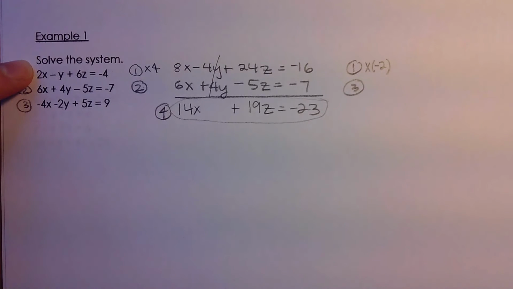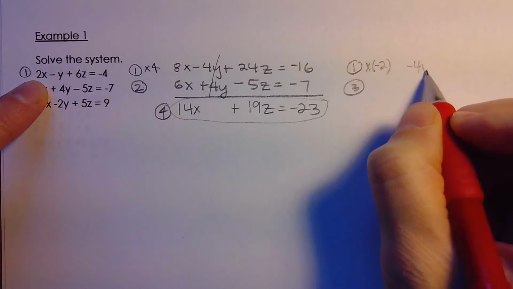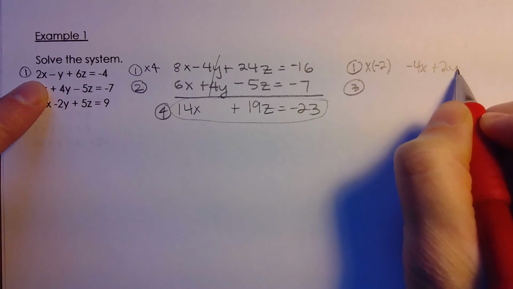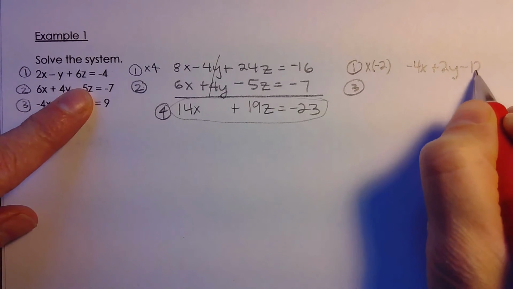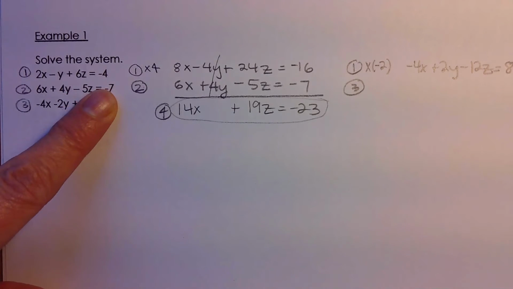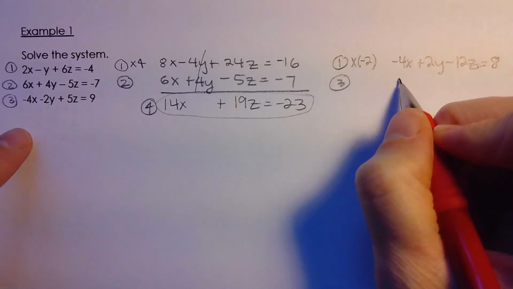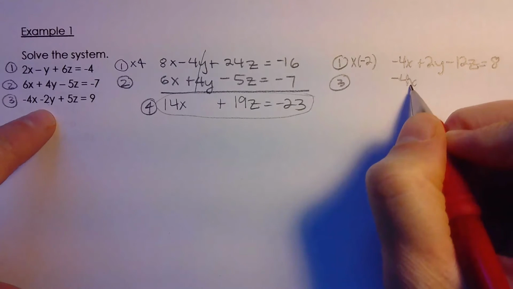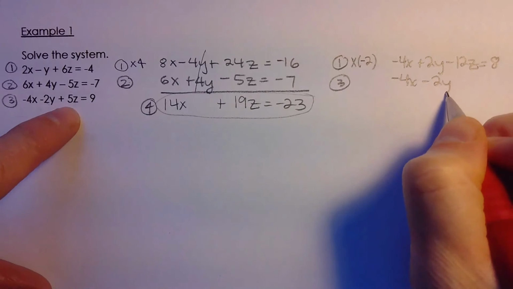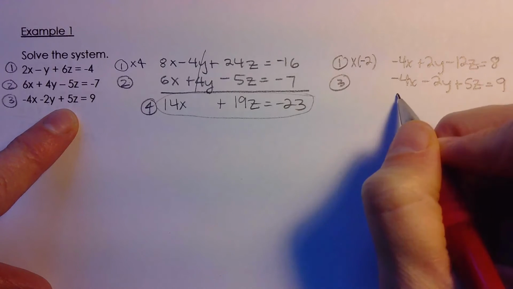Okay. So that's going to give me a negative 4x plus 2y minus 12z equals positive 8. All right, and then I'm just going to recopy equation 3, which is negative 4x minus 2y plus 5z equals 9.